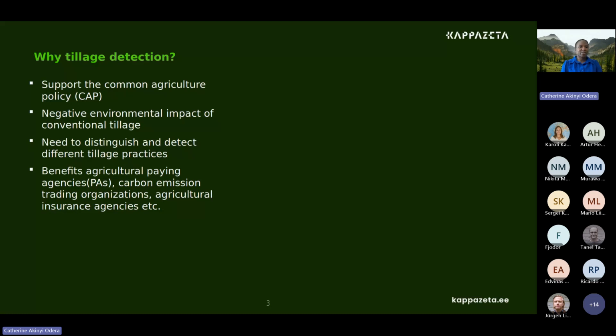And farmers are encouraged to now start undertaking farming practices that will encourage carbon sequestration, which is conservation tillage. I'll be able to expound on this later on in the presentation. And so that brings us to the most important aspect of this project, which is the need to distinguish and detect the different tillage practices.